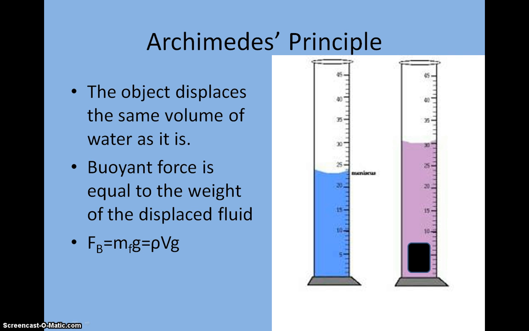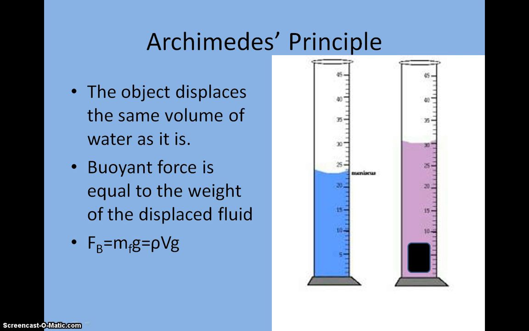So if I have two objects here, and say this object that I place in here is made out of lead, which is a really high density, or if I put something else in there that has a relatively low density, if they have exactly the same volume, then they are going to experience the same buoyant force, because the volume of the fluid displaced would result in the same buoyant force.